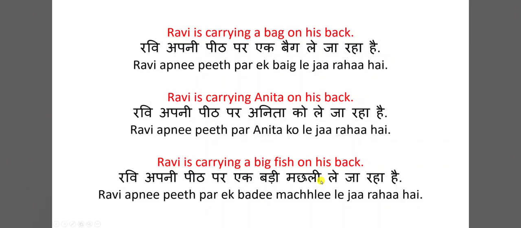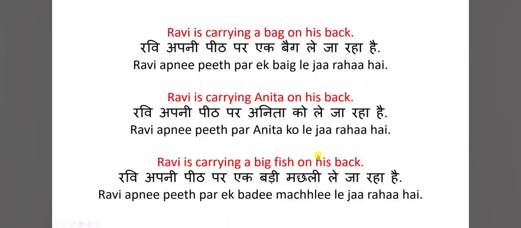But here in this case, we need not add ko to the object. Without adding ko, the sentence makes sense, unlike the previous example that I gave you. So here we don't have to add ko after the object. Alright? So these are the rules.